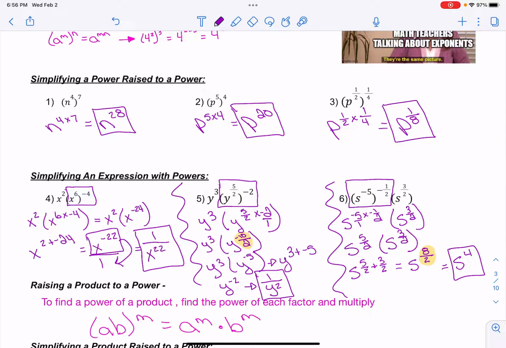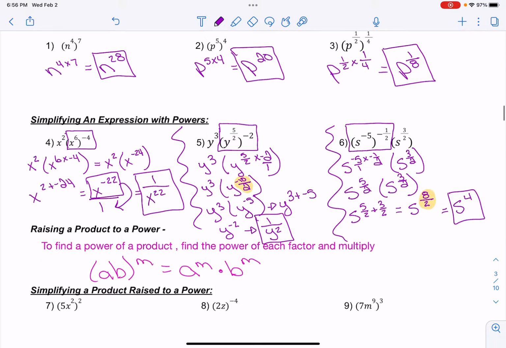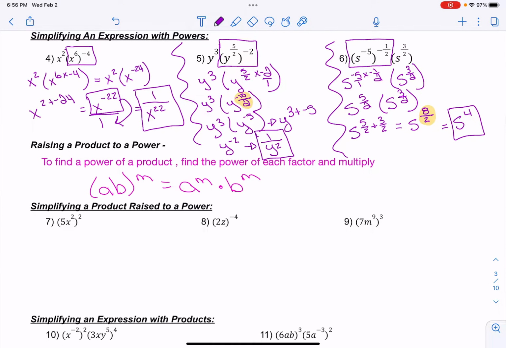So these simplifying expressions brought in a lot of stuff from yesterday, and then also still brought in the new concept of raising a power to a power. So next, we talk about raising a product to a power. So to find a power of a product, you find the power of each factor and multiply.